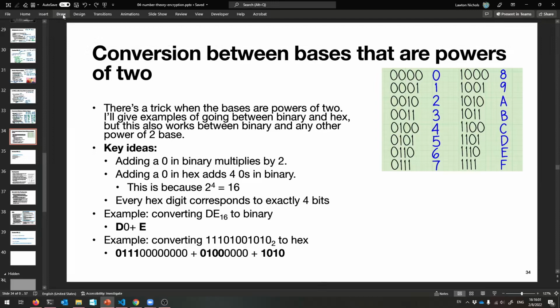And the reason is that binary is a base that's a power of 2, hexadecimal is a base that's a power of 2, and the trick is actually really simple, okay? The trick is just read off all the digits and you have converted the number. Read the digits off of this table. That's how you convert between hex and binary, for example. And let me show you why this works.